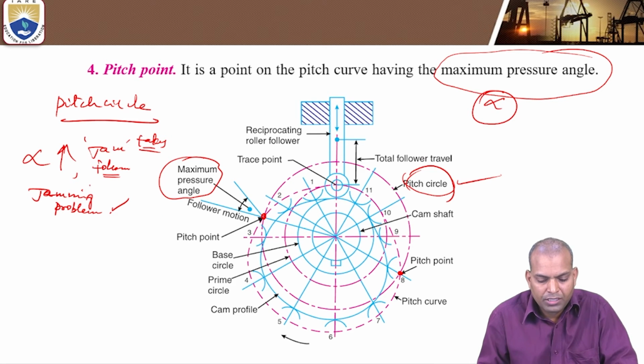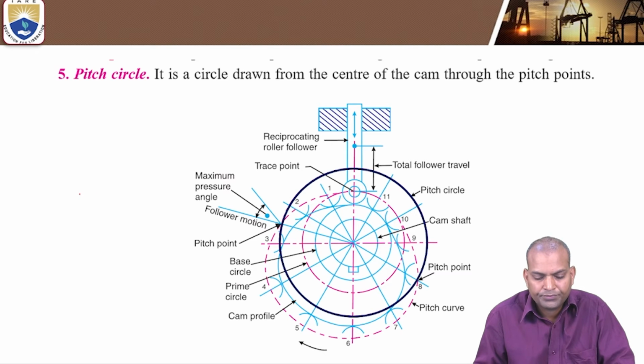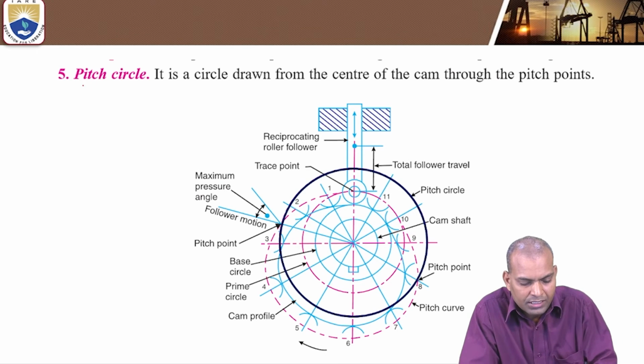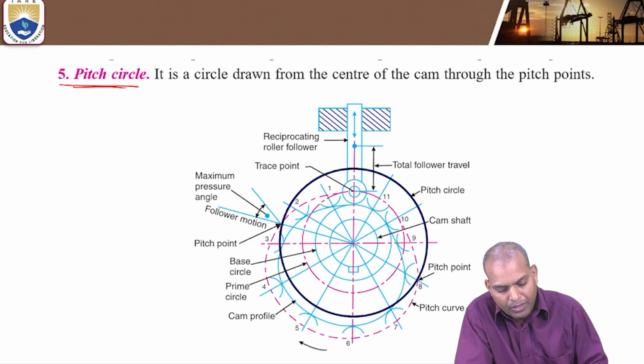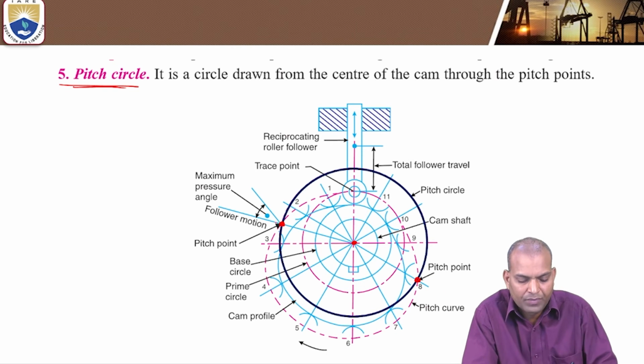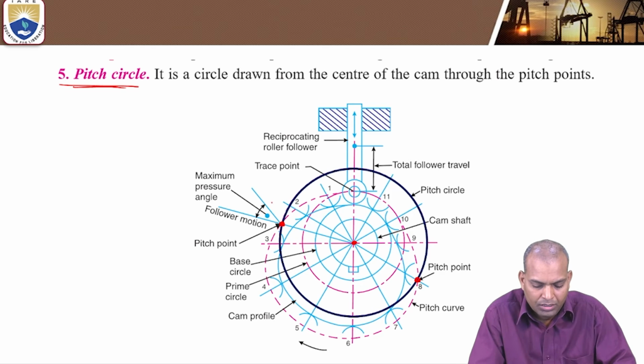Now, the next definition is the pitch circle. It is a circle drawn from the center of a cam through the pitch points. There are two pitch points. The circle passing through them is known as the pitch circle.